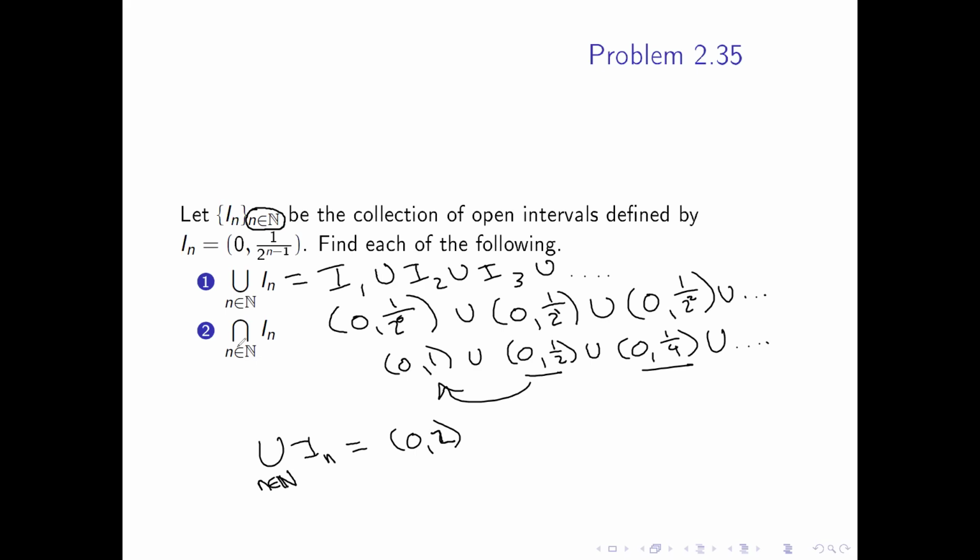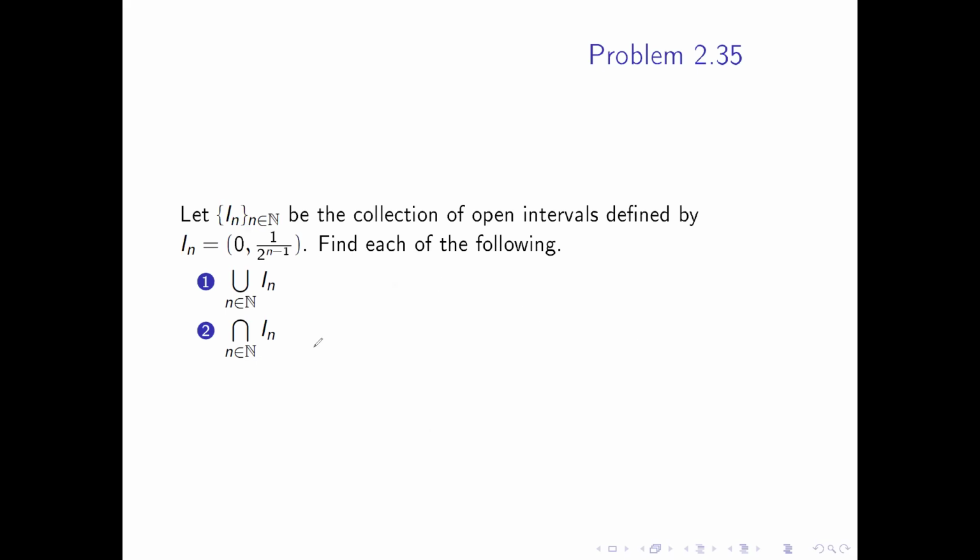Let's talk about the second one. We just established what these are. So this essentially would be [0, 1] intersect [0, 1/2] intersect [0, 1/4] intersect [0, 1/8], intersect, etc. Let's look at this pairwise.